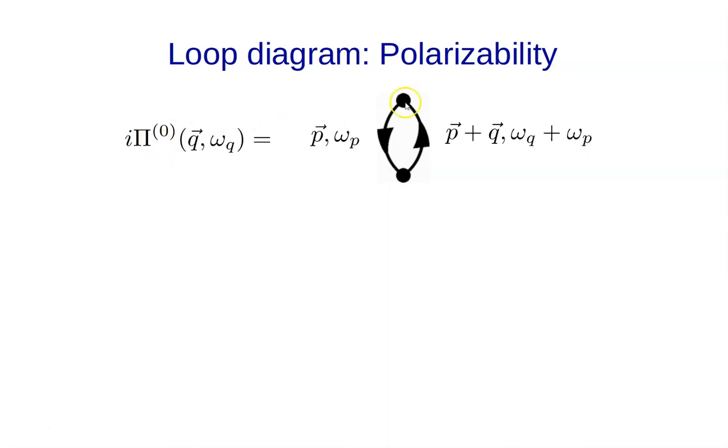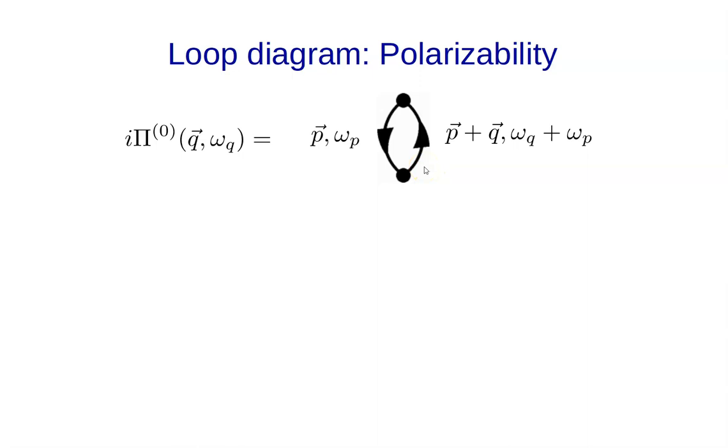Sometimes these are called the polarizability, and it is very much related to the density-density correlation function that we calculated in the class on linear response, the dielectric response of the electron gas. Sometimes they're just called the bubble diagrams, sometimes the inserted polarization; they're different names, but this is the quantity.